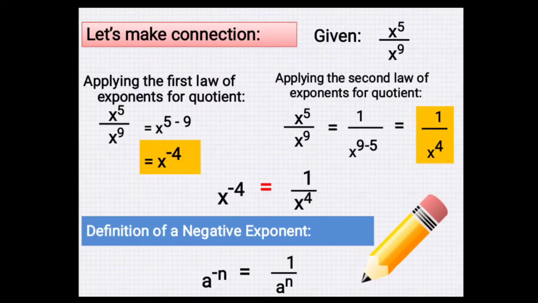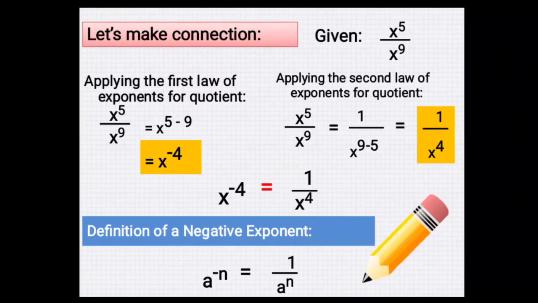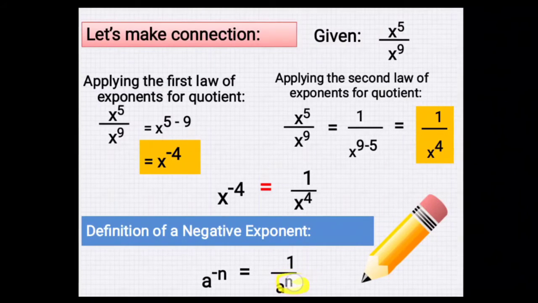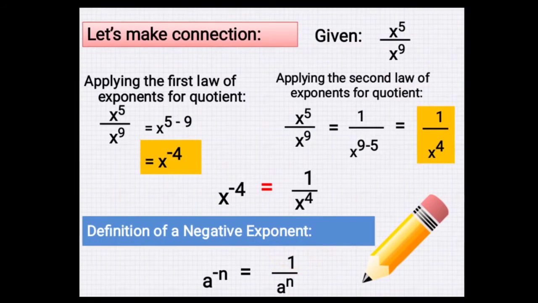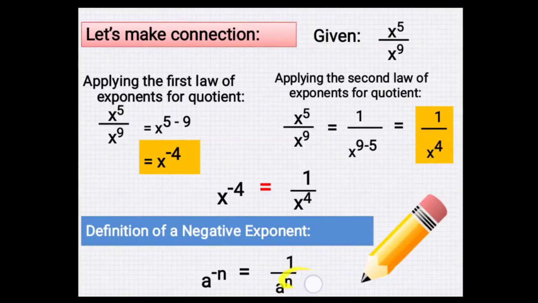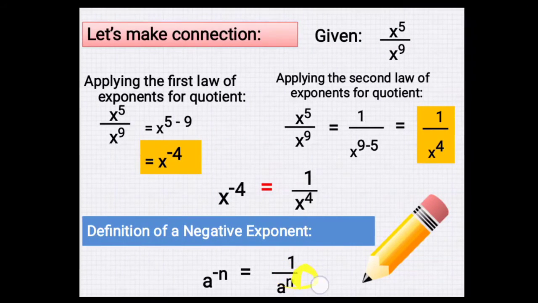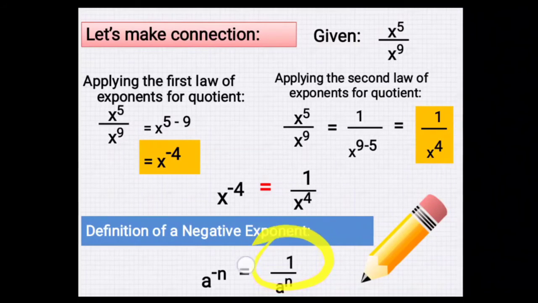So when we reciprocal it, we will interchange the numerator and the denominator. Therefore, we have 1 over a. Then copy the exponent with positive sign. Again, a over 1 has a reciprocal of 1 over a. Then copy the exponent with positive sign.